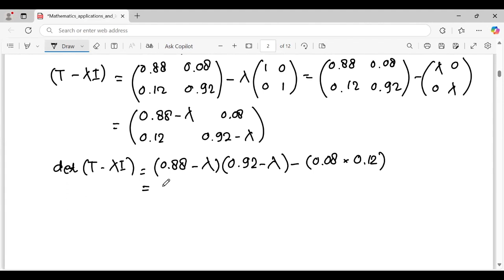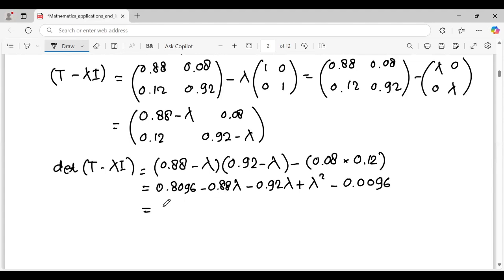If you calculate, it is 0.8096 minus 0.88 lambda minus 0.92 lambda plus lambda squared minus 0.0096.